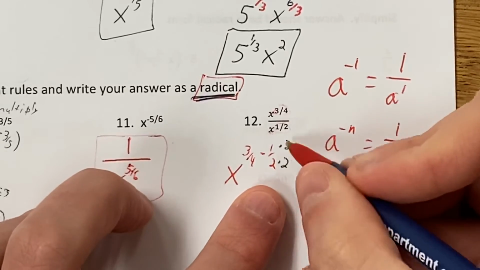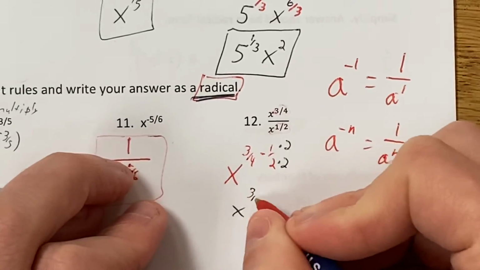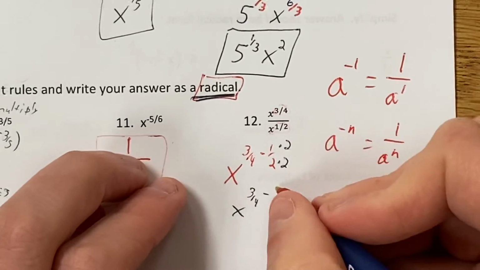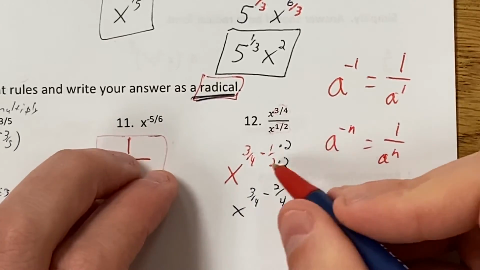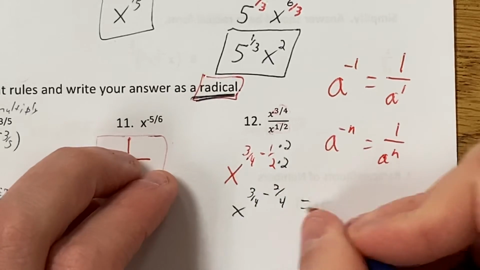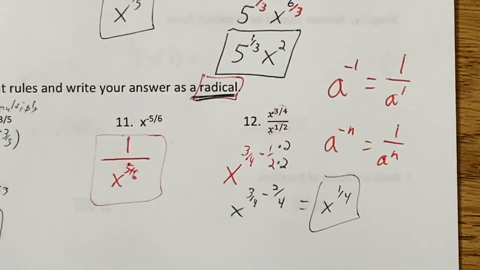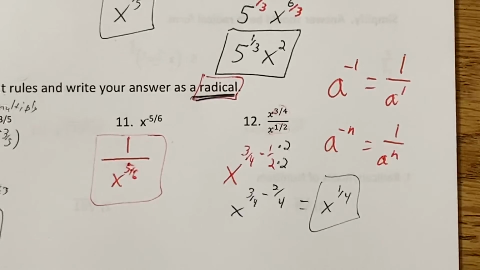So we'll multiply the top and bottom by 2. So we would get x to the 3/4 minus 1 times 2 is 2, and 2 times 2 is 4. So 3/4 minus 2/4 equals 1/4. So that would be the answer in rational exponent form.